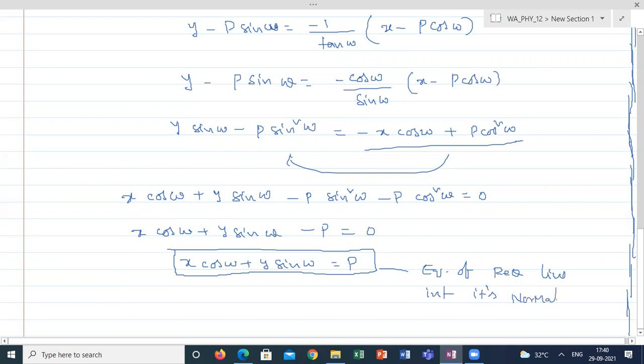Why am I saying this is normal form? Because this constant says the length of the normal, and sin omega, cos omega, if I take the ratio of y coordinate by x coordinate, this will give the slope of the normal.